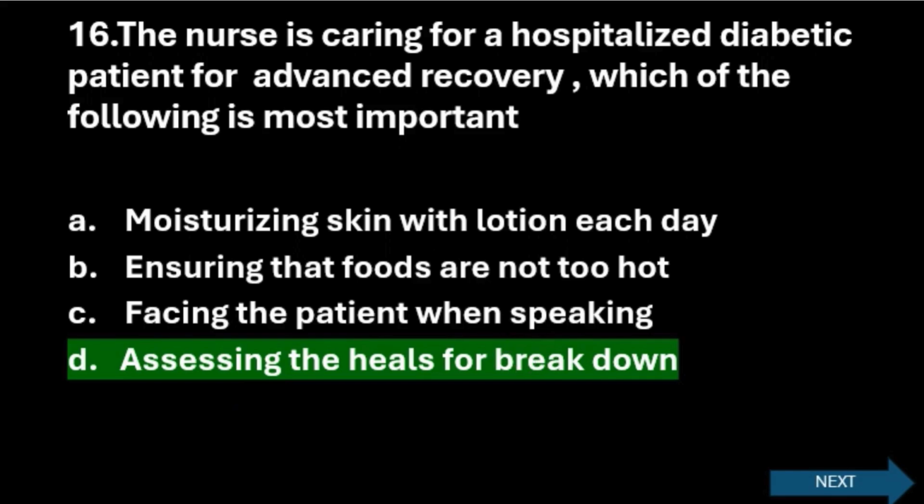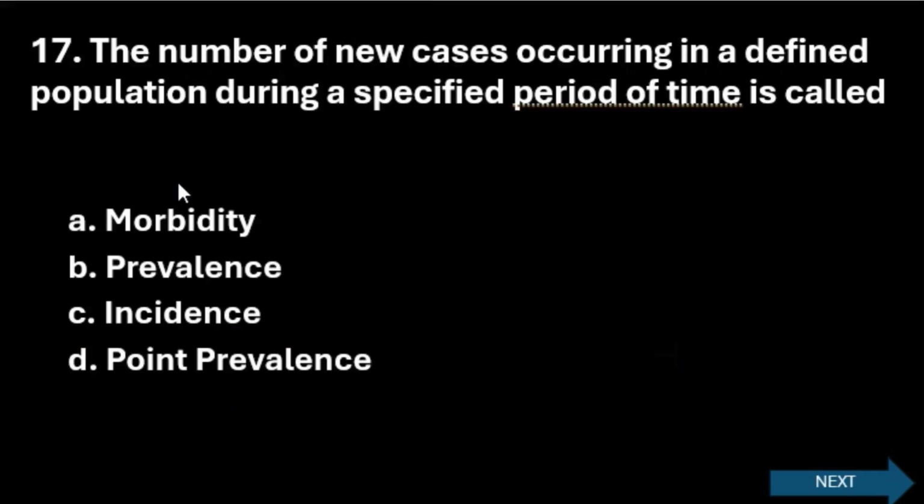Next question. The number of new cases occurring in a defined population during a specific period of time is option A, morbidity, option B, prevalence, option C, incidence, option D, point prevalence. The right answer here is incidence.